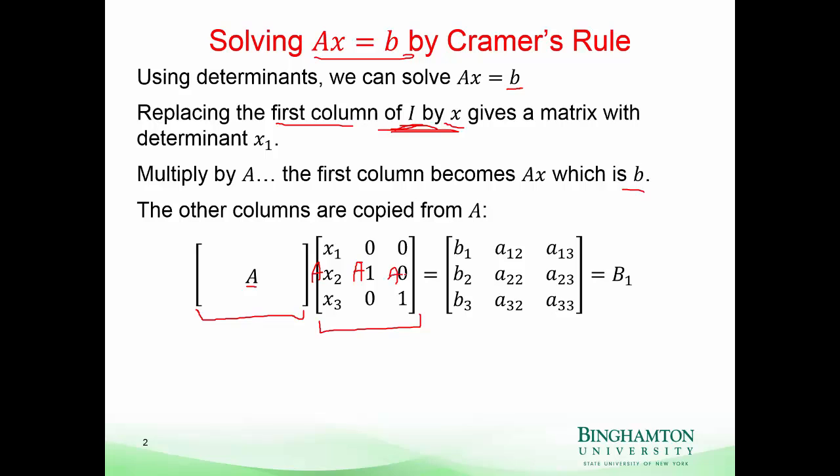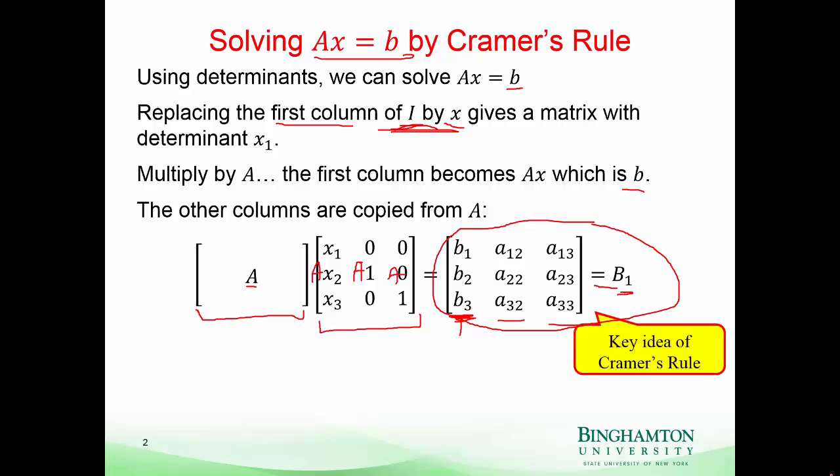And when it does that, in the first column we'll get the b vector, and then we get the second column of A and the third column of A. We're going to call that matrix B1. So it's B to remind us that it involves b, 1 to tell us that b goes in the first column. And that's the key idea behind solving these equations with Cramer's Rule.